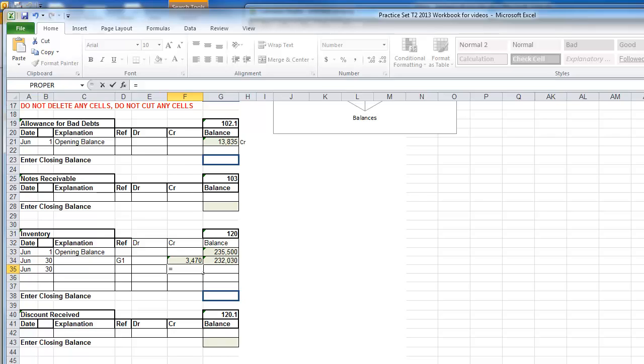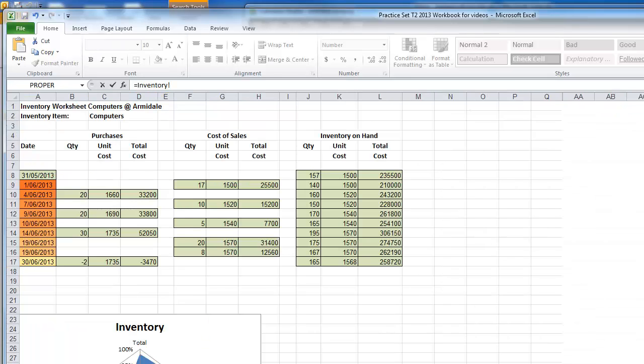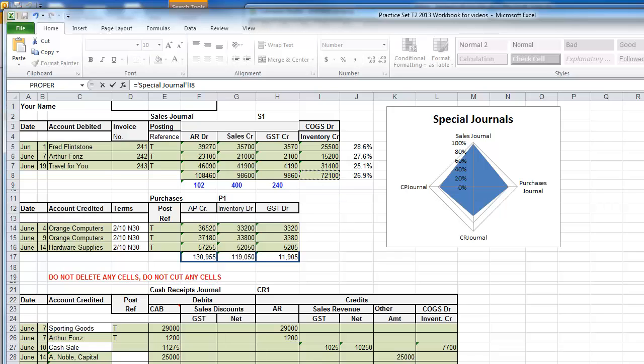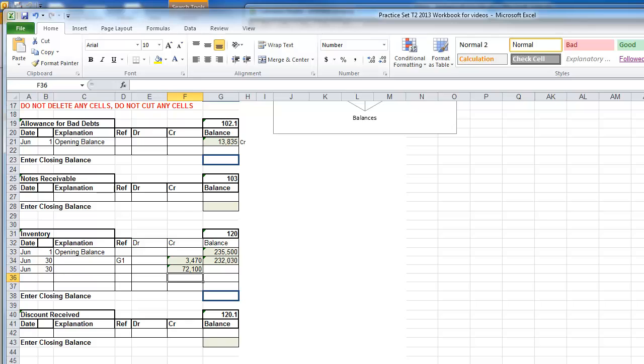So you're recording inventory out before inventory in. Now let's go to inventory here. 72,100 out. S1, but it's COGS for June. Again, we had 273,000 and a bit minus 72,000 and a bit.